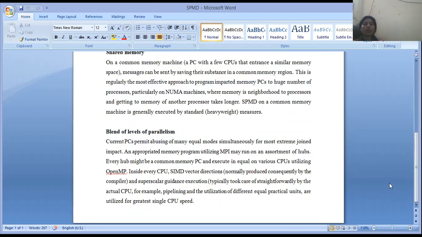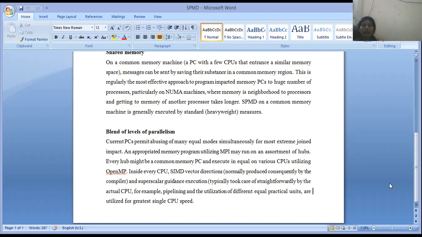So what is the blend level of parallelism? Currently, computers run many programs simultaneously. Some message passing programs utilizing MPI, the message passing interface, may run on an assortment of nodes. Also, every node might be a shared memory computer. This is the entire thought regarding SPMD, and also the various CPUs utilizing OpenMP.